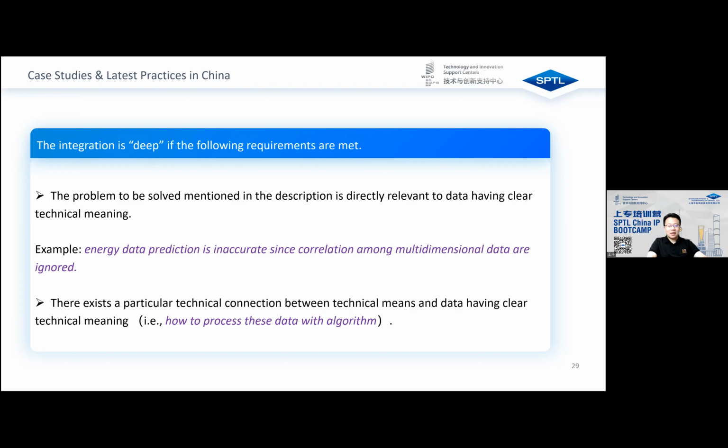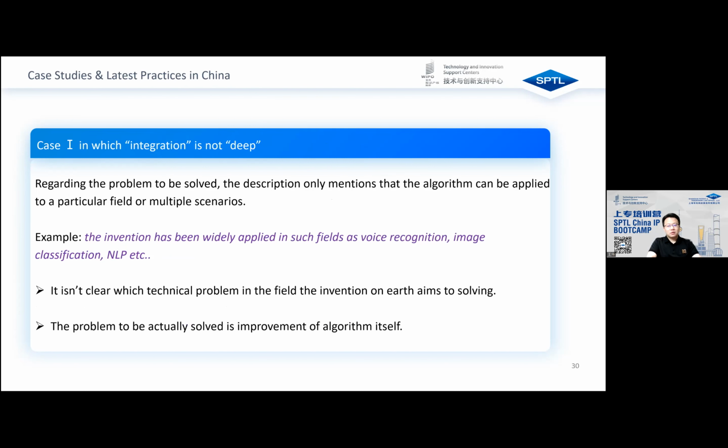As the second one, there exists a particular technical connection or correlation between technical meanings in claims and the data having technical meaning. That is to say, how to process these data with the algorithm is clarified.